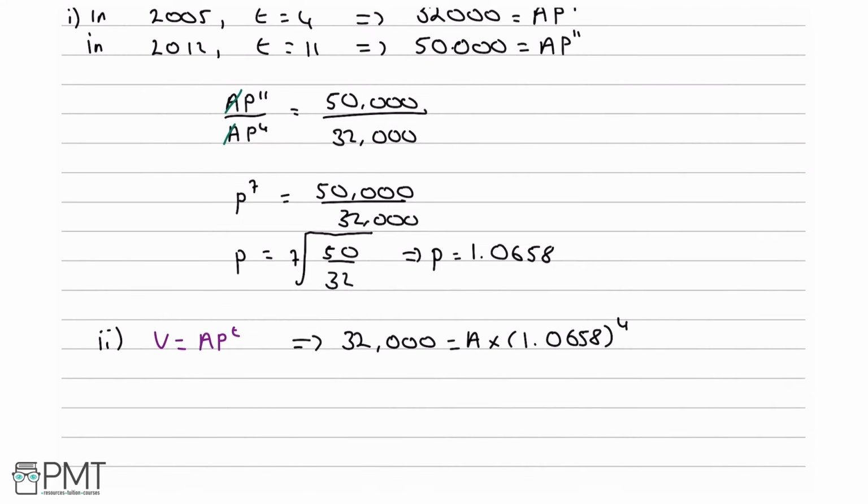Solving this we would get A equals 32,000 divided by 1.0658 to the power 4. Remember, show all your steps.